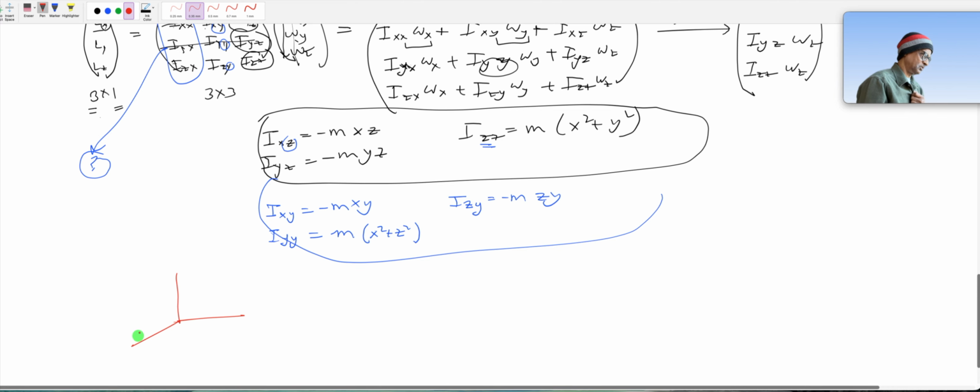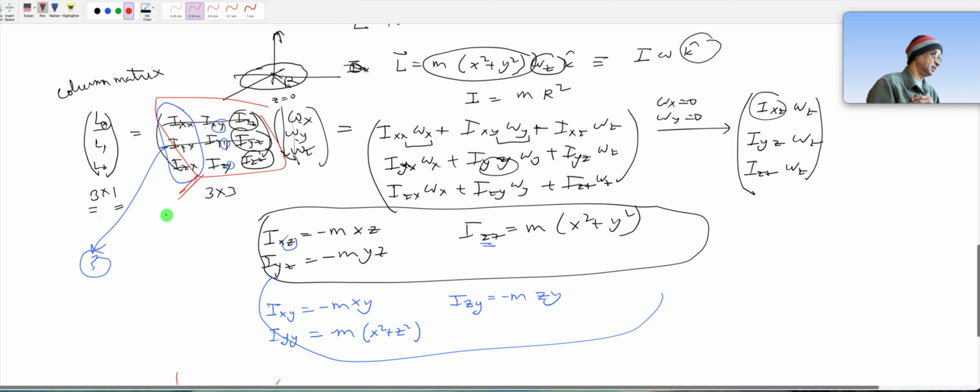So over here you had this, and for this collection of things, we can just call it I, big I. Sometimes people use a bold I or something like that, just to represent these 9 things.